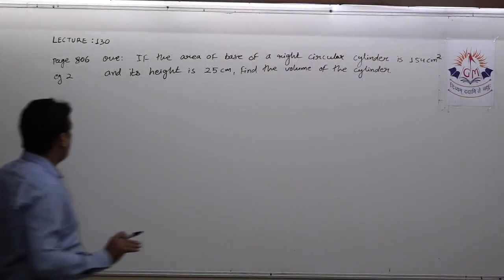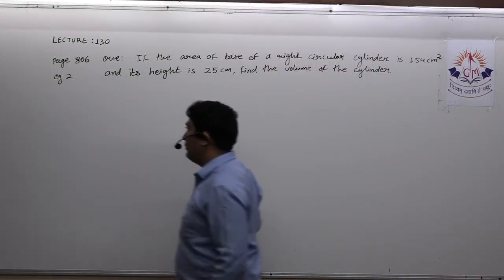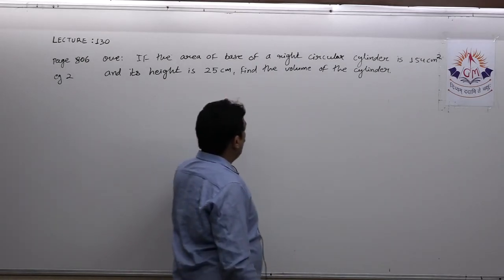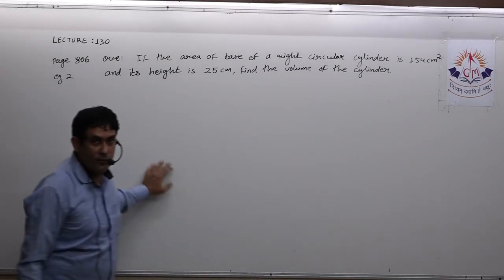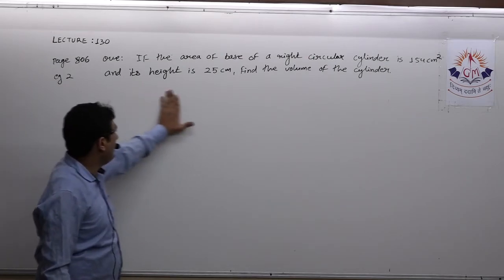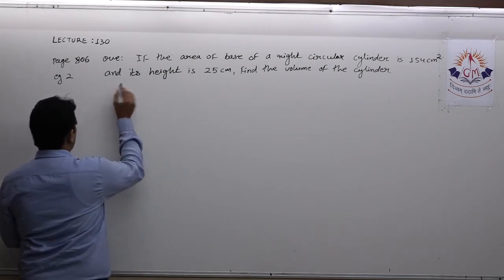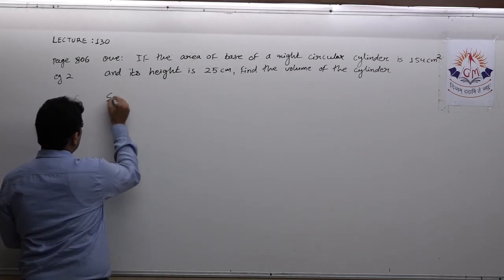Okay, so this is the next question from page number 806, example 2. If the area of the base of a right circular cylinder is 154 centimeters square and its height is 25, find its volume. Very basic question on the concept of volume of cylinder.